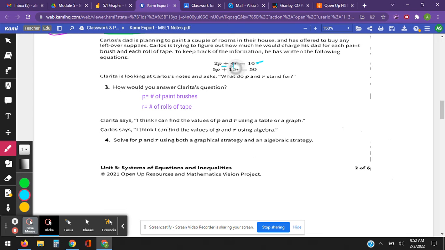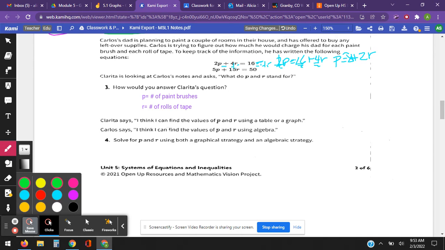So if I take away 4R from each side, I'll end up with 2P equals 16 minus 4R. So then when I divide by my 2, I'm going to end up with P equals 16 divided by 2 is 8. 4 divided by 2 is 2R. Oh, plus. That's a plus. All right.